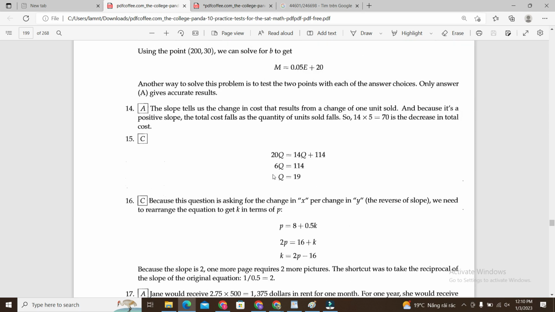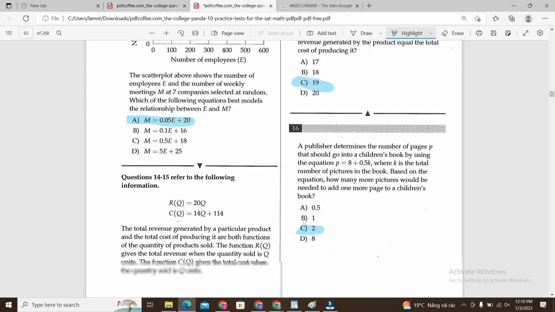And 16 is C, which is 2, which is also correct.